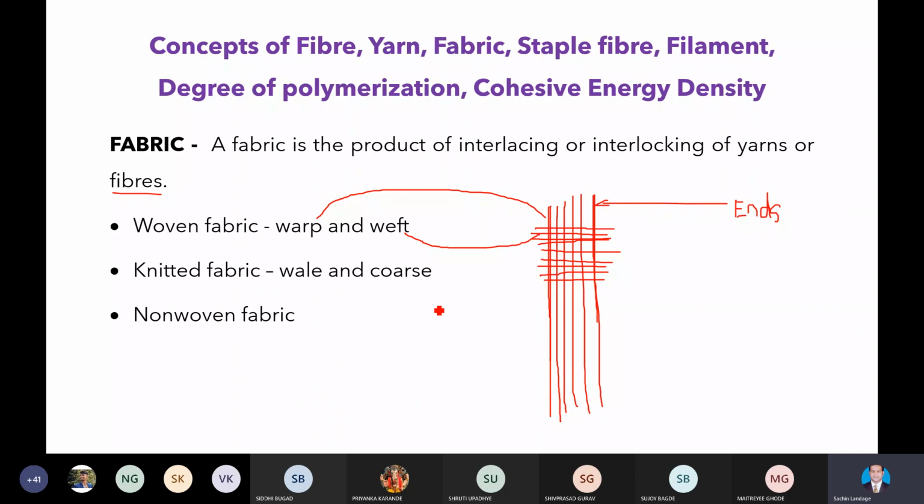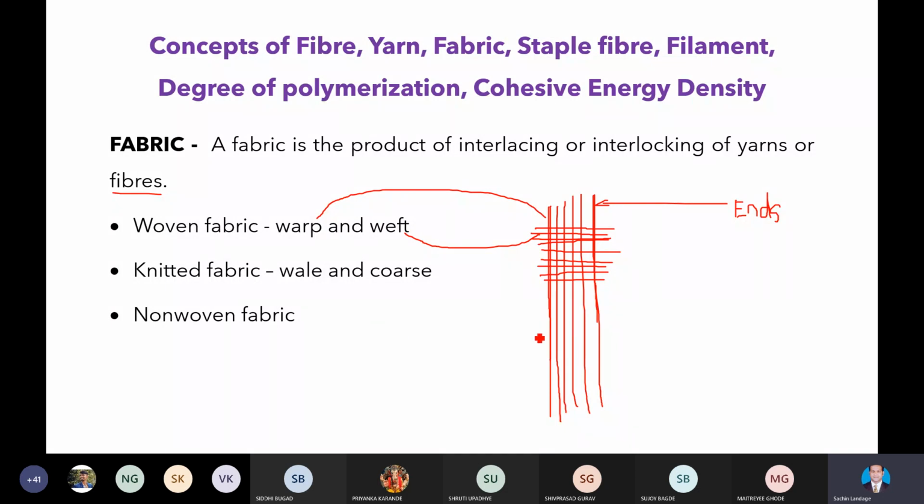But non-woven fabric we get directly from the fibers. These fibers can be converted directly to fabric. Examples I told you are various types of wipes and masks. These are examples of non-woven fabric.